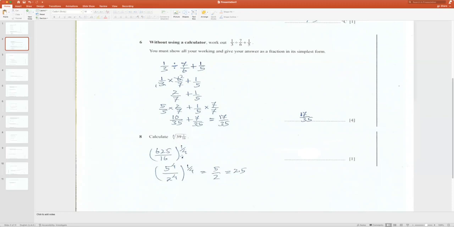Root 4 we can write like this, 1 over 4. Then we can write 5 to the power 4, 2 to the power 4, 1 over 4. So the 4s cancel. Then 5 over 2, 2.5. The answer is 2.5.